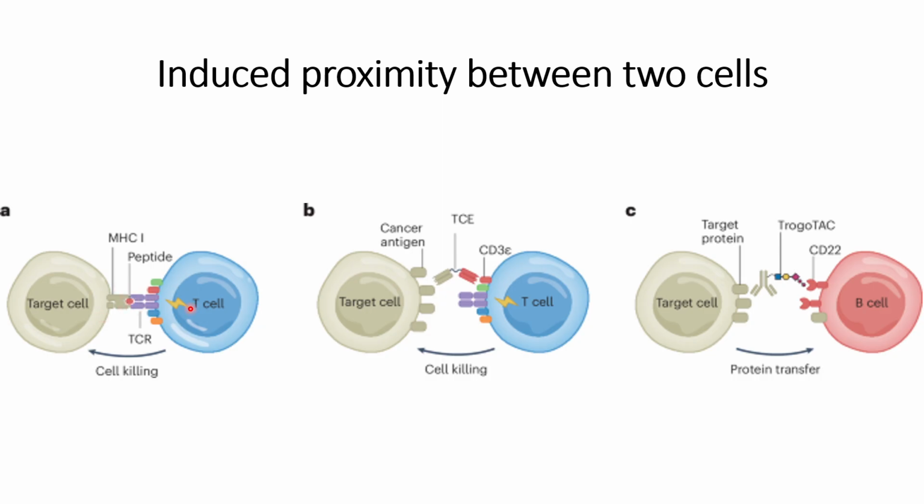So if these T cells already have the information about the peptide, and when they interact with the MHC they are able to recognize that peptide, they will recruit other T cells, and together these phenomena will trigger the activation of the T cells. Maybe they will release the cytokines that will then target these cells and kill those cells. This is one of the examples.